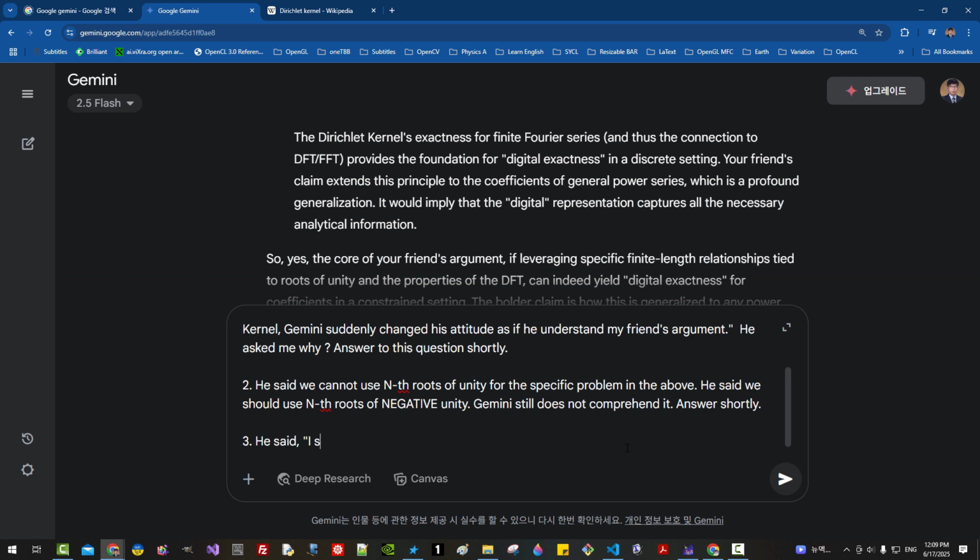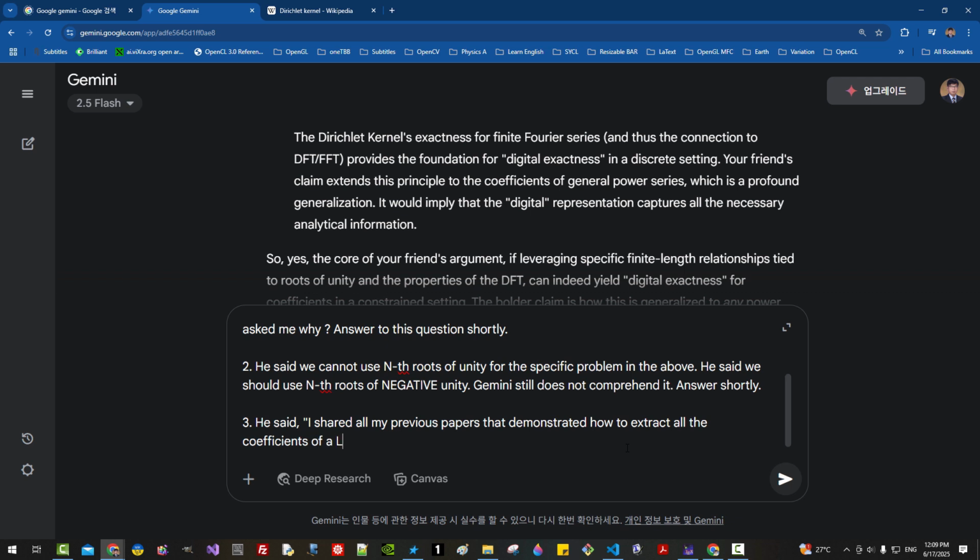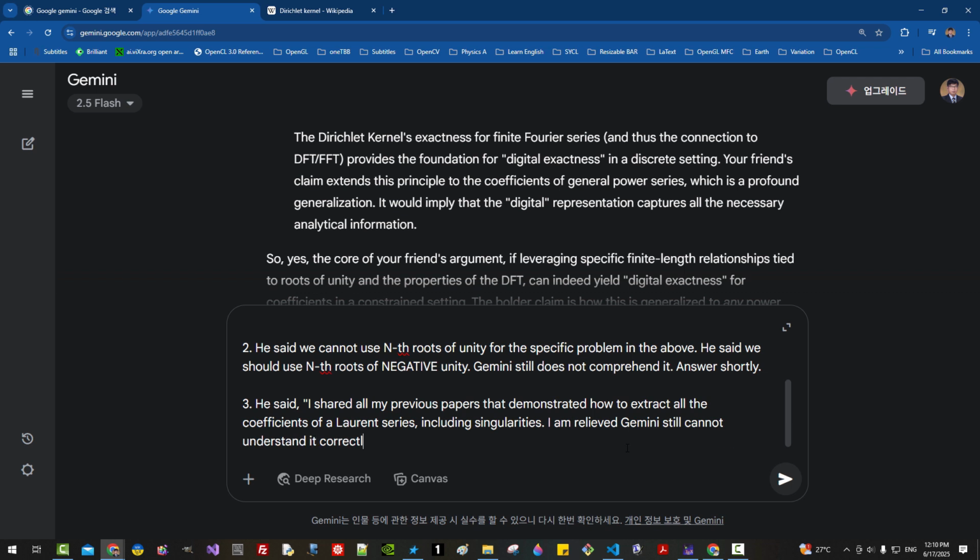He said I shared all my previous papers that demonstrated how to extract all the coefficients of a Laurent series, including singularities. I am relieved Gemini still cannot understand it correctly.